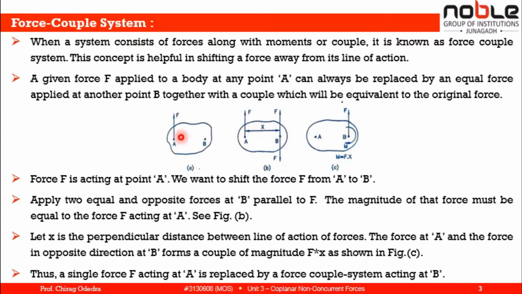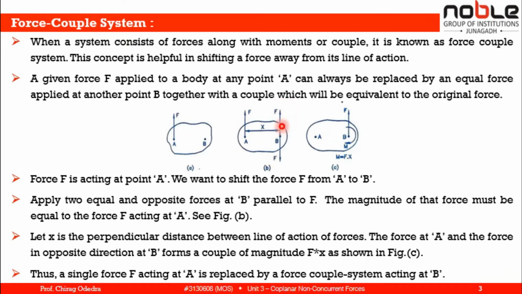Let us better understand it by a figure. Here a force F is acting on point A in upward direction. Now, if we want to shift this force to the point B, so we have to apply two forces in opposite direction, like F is upward and F is downward, parallel to this force F. So that as per the principle of superposition, there is no difference in the system of forces.